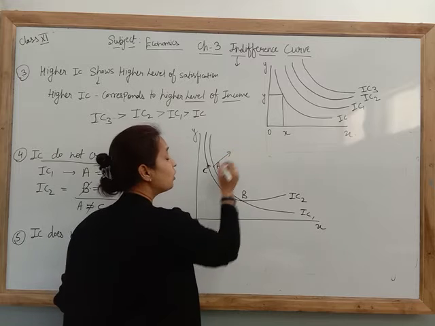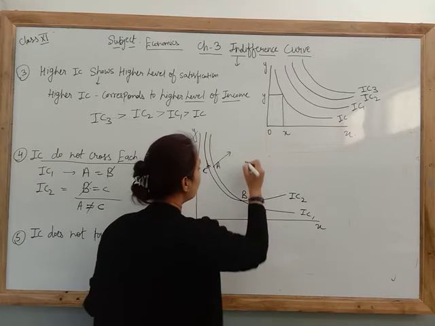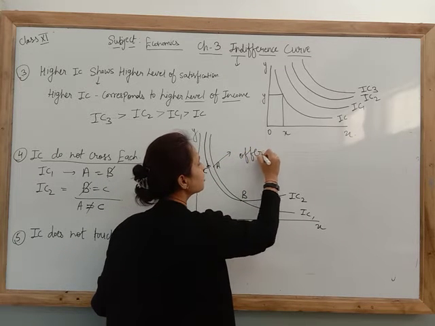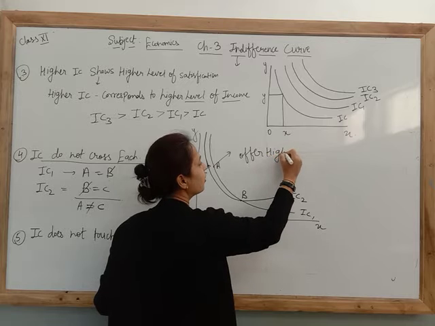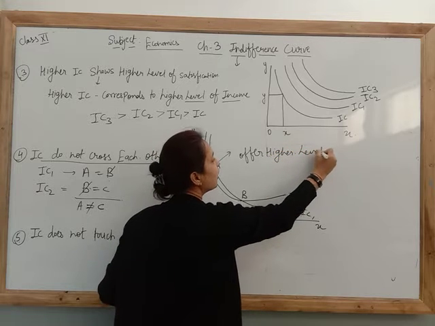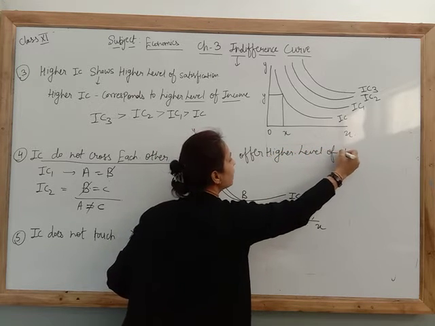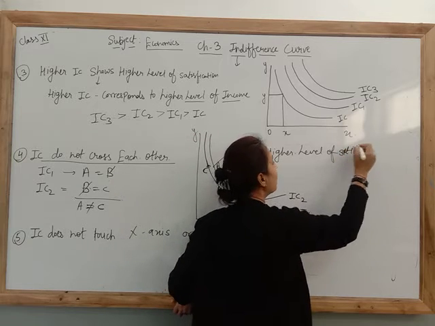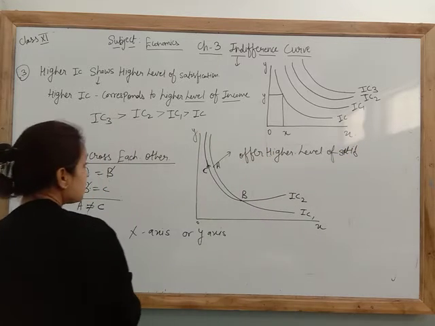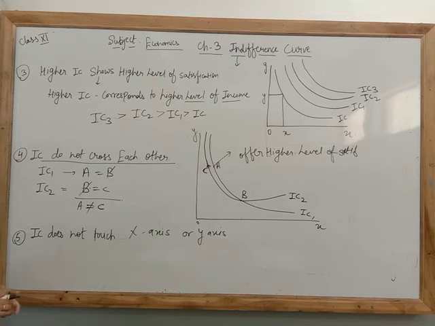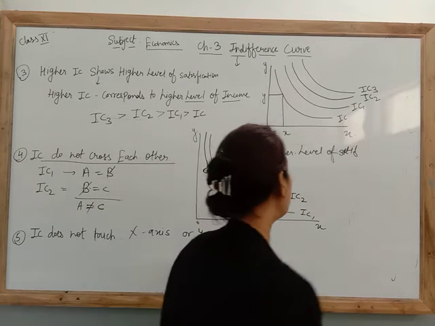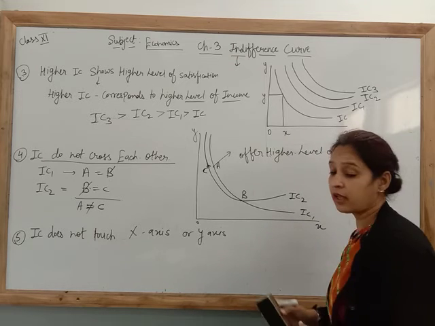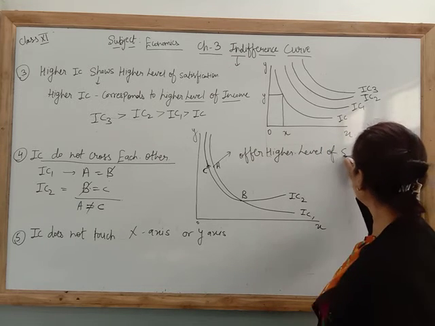A is going to offer him higher satisfaction. Point A offers him a higher level of satisfaction rather than C. So in that condition, we can say that 2 ICs cannot cross each other, they never meet each other, they never cut each other. Clear?